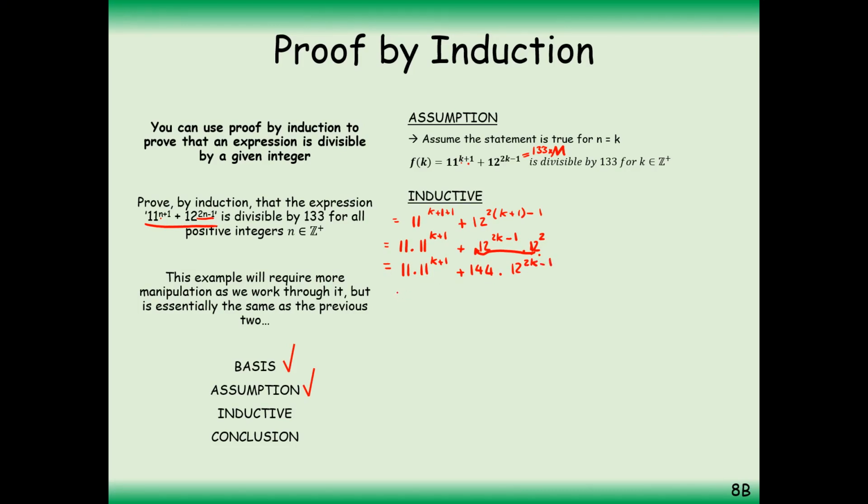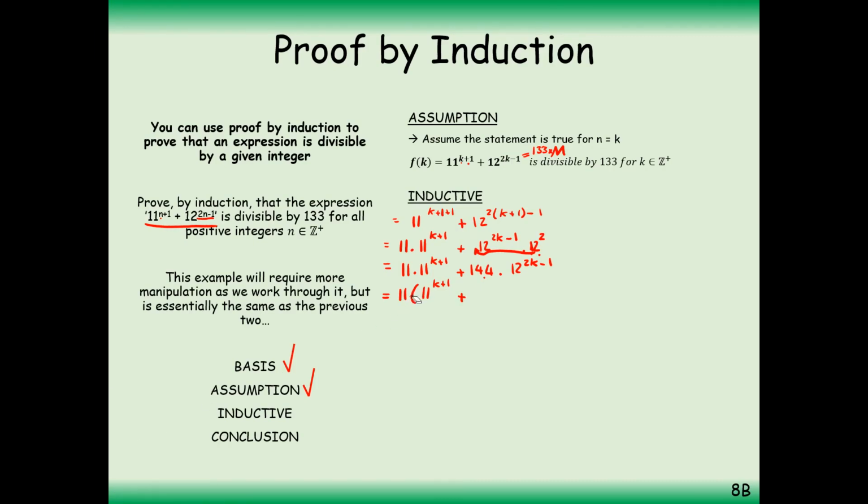And at this stage, we are going to split this 144 up into 133 plus 11, because, well, I see an 11 in front of this 11 raised to the power of k plus 1, and I want to factor an 11 out of it. Let me write it.